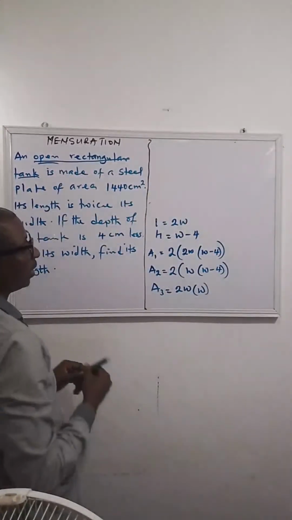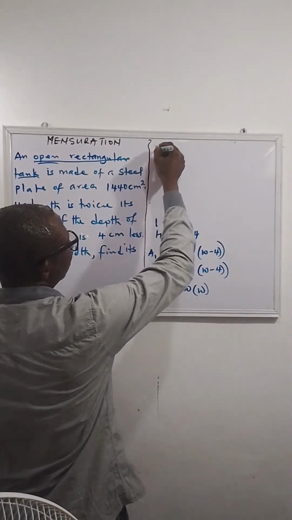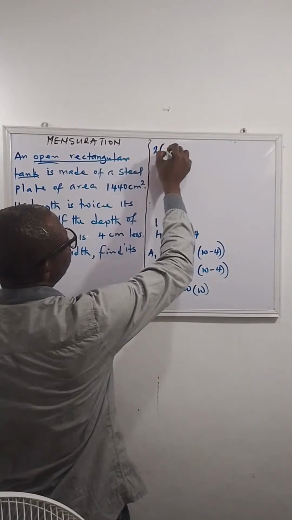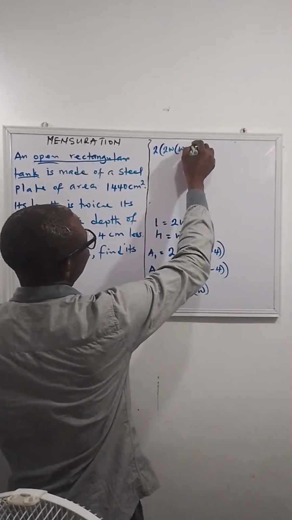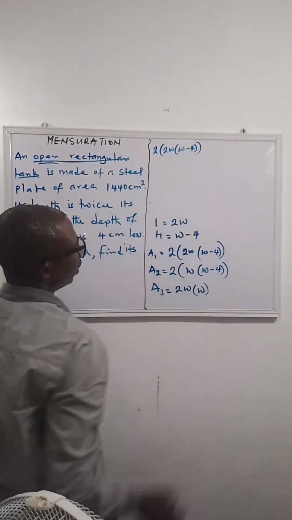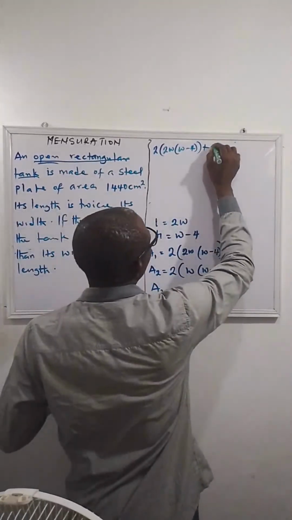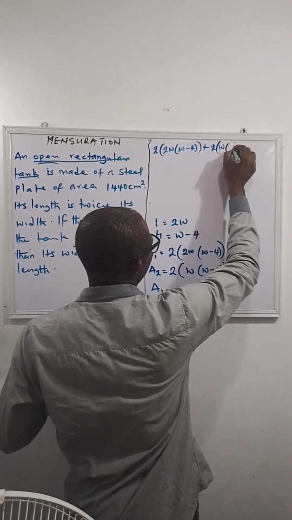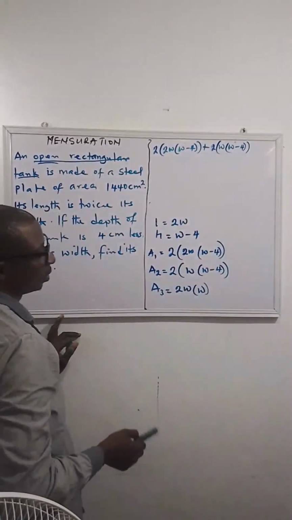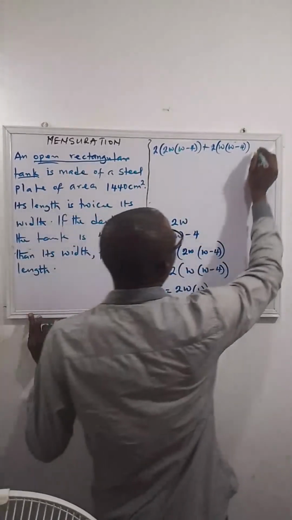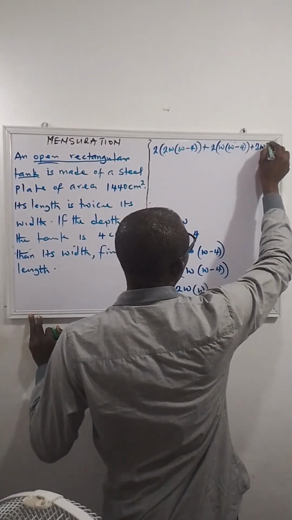Okay, so let's add the areas together. We have the first one: 2 times 2w times (w minus 4), plus area 2 times w times (w minus 4), and the last one will be 2w squared.